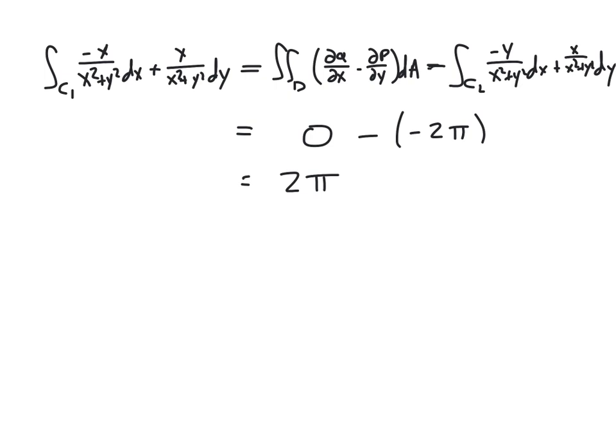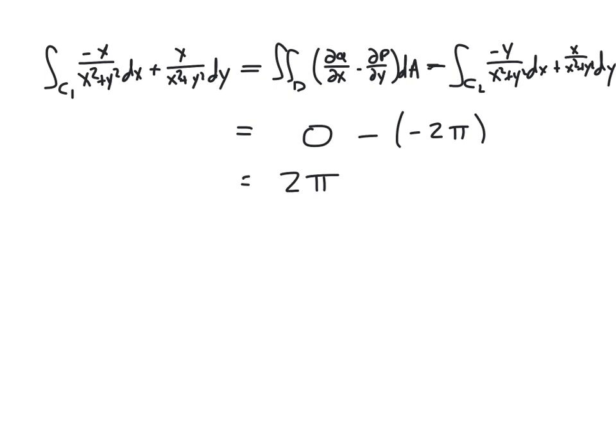And so what we've just done here is for this particular vector field, this negative y over x squared plus y squared, and x over x squared plus y squared, we've shown that the line integral of that vector field over any curve containing the origin will be exactly 2 pi, without knowing anything at all about that curve.